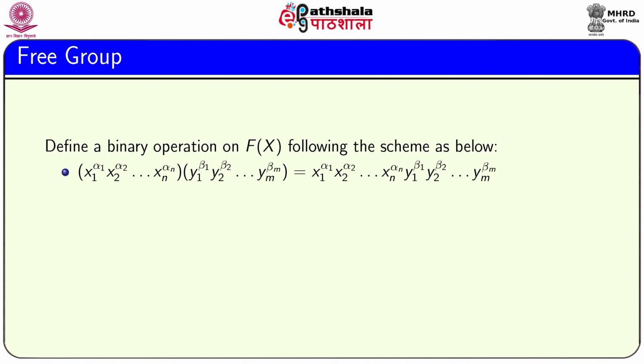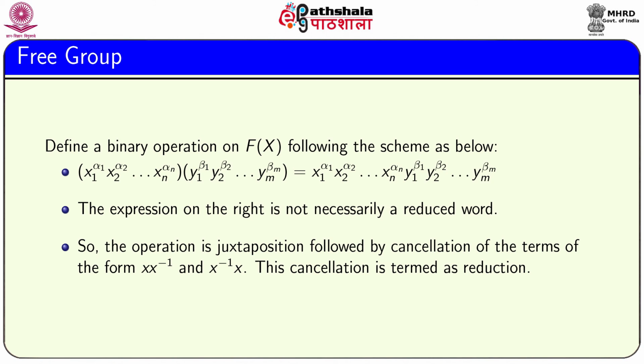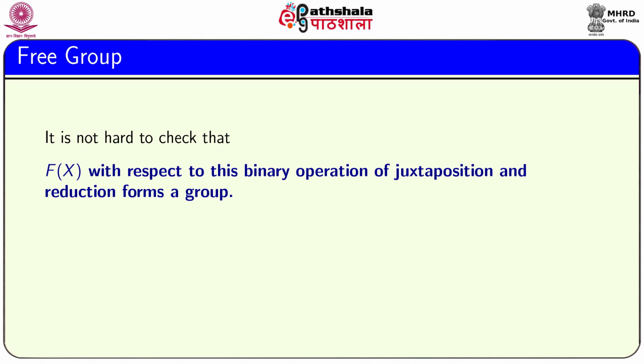We define a binary operation on F(X) as follows: we take two words. The operation is juxtaposition followed by cancellation of the terms of the form x x inverse and x inverse x. This cancellation is termed as reduction. It is not hard to check that F(X) with respect to this binary operation of juxtaposition and reduction forms a group.